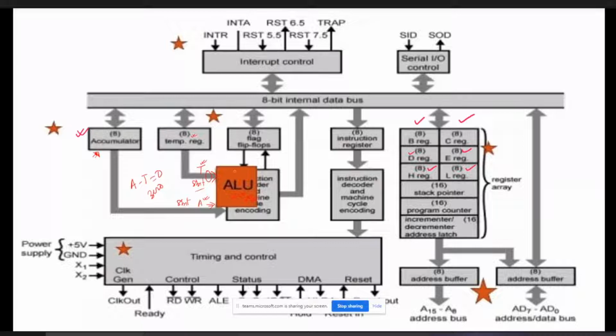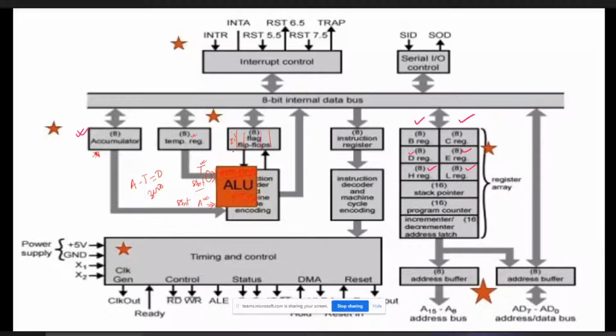So the result of this subtraction will be 0 0 0, all bits 0. So based on this result, in the flag register, the zero flag will be set to 1. If an arithmetic logical operation results in 0, then the zero flag, this flip-flop, will be set to 1.